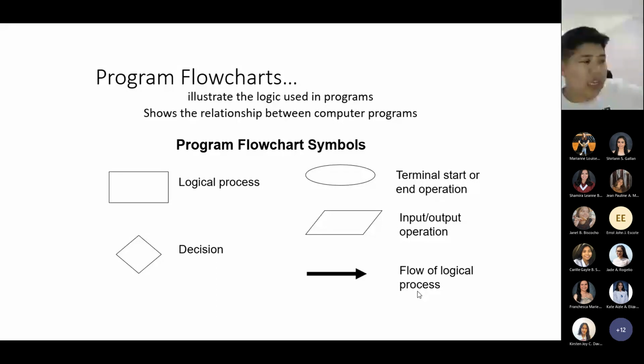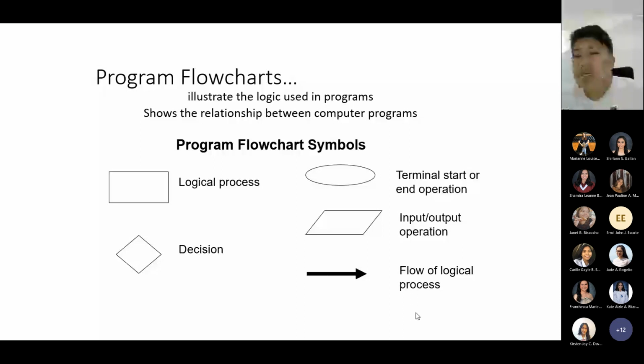Parang ang nakikita ko, sa lahat ng documentation techniques, lahat naman yan flowcharts. Yes, yun nga lang, magkakaiba yung dinodocument mo. Dito sa program flowchart is yung mismong program. How are your programs related to each other? Sa data flowchart, data naman.